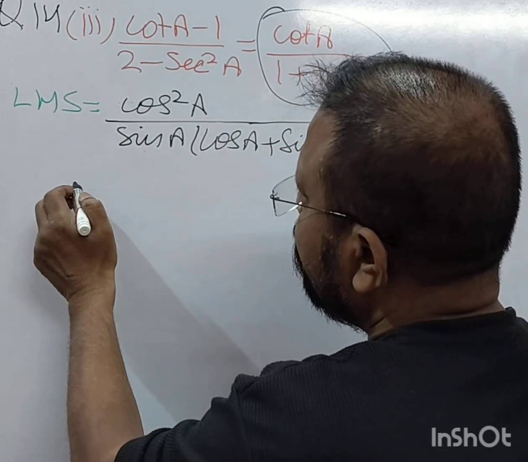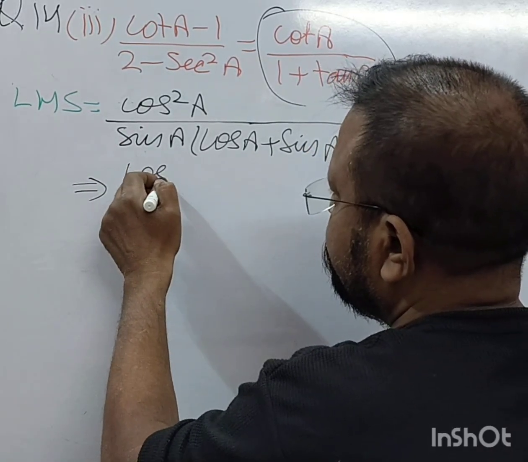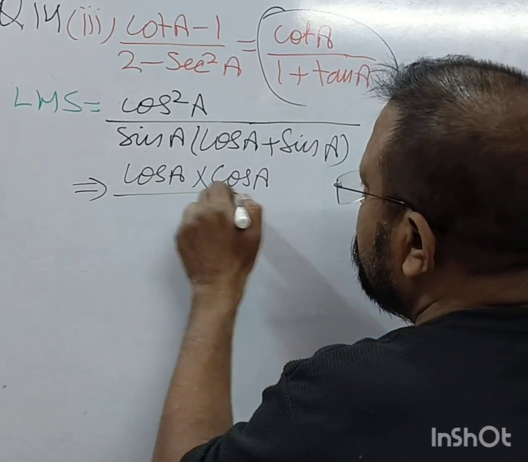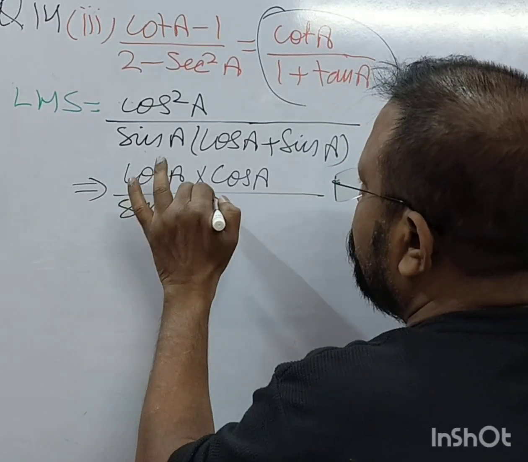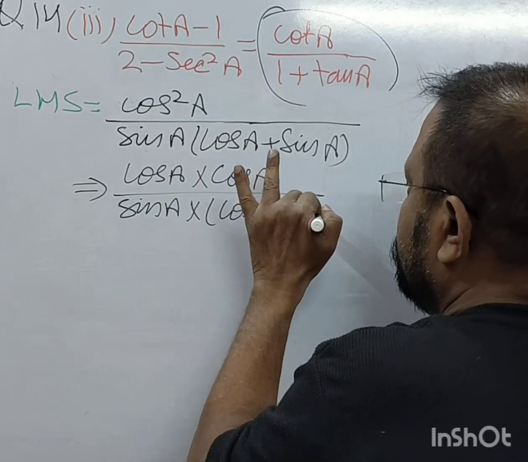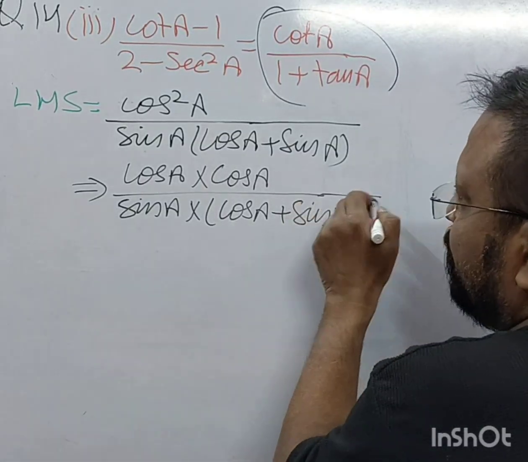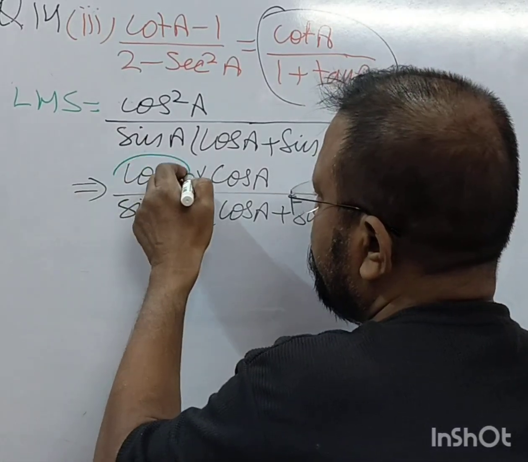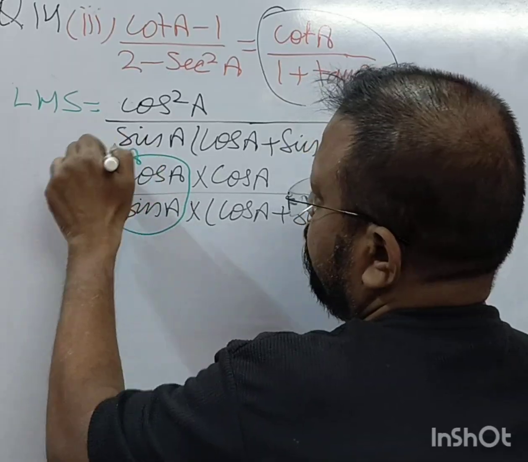You can write it like this: cos A into cos A upon sin A into cos A plus sin A. Getting it? So this cos A upon sin A converts into cot A.